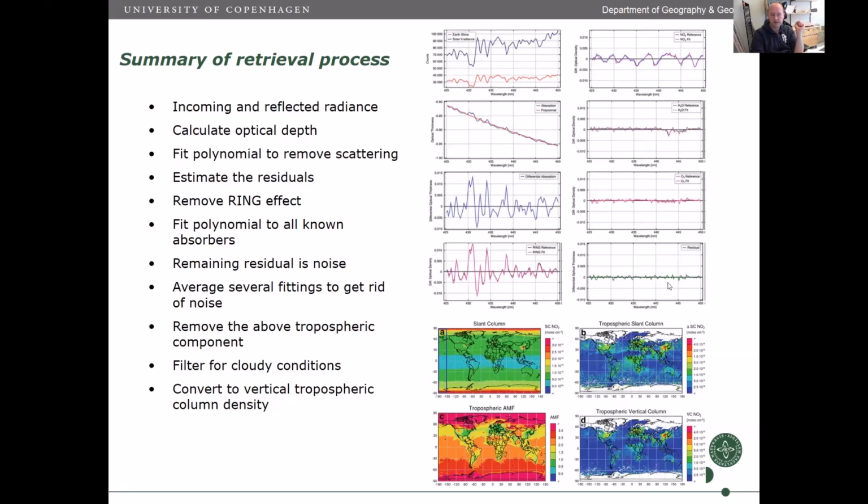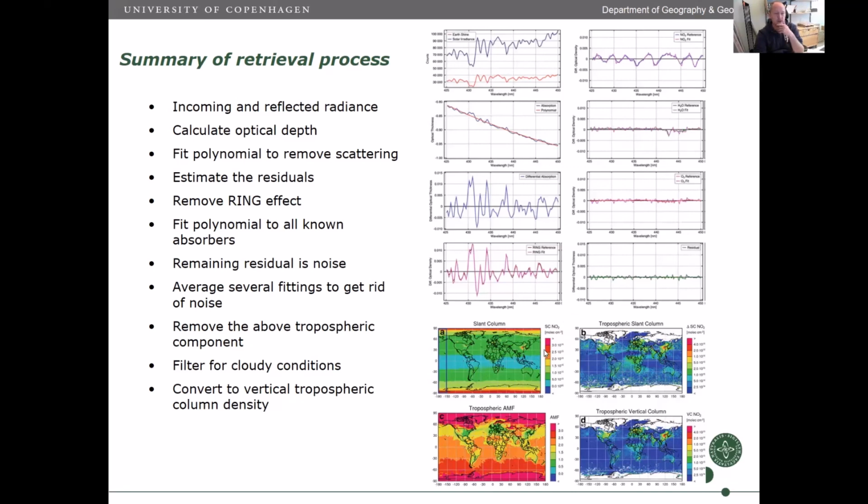What is left is the errors of the measurement. The one we are interested in is the nitrogen dioxide. So there we have an estimate of the nitrogen dioxide concentration in the entire atmosphere.